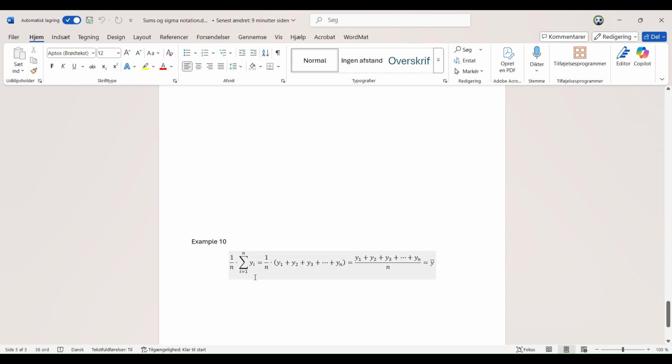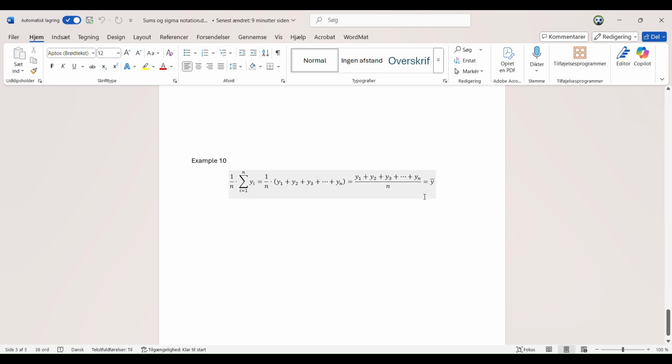So that's first y1 plus y2 plus y3 all the way up to yn. Then we multiply it onto the numerator up here, and then we've got this new expression with the numerator and the denominator down here, and that's the same as calculating the mean for our y values. So that's another way of calculating our mean, just using sigma notation.